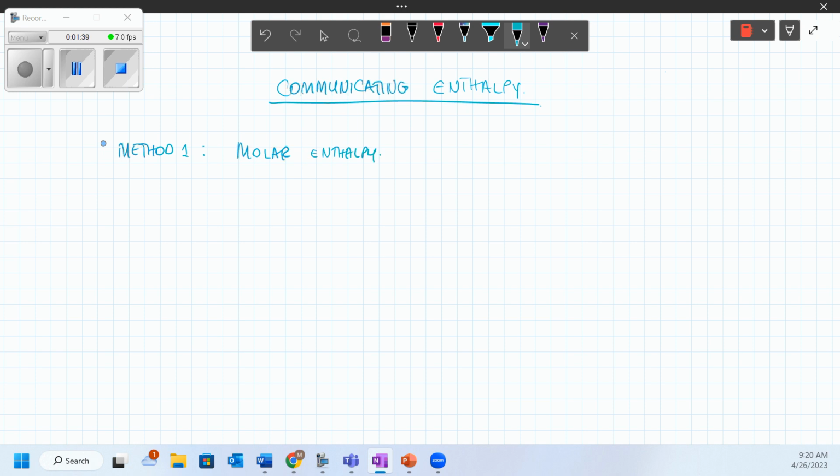We talked about what molar enthalpy is. So if we have a reaction, then we are writing it in terms of the compound that we are interested in as 1 mole. And in this case, what you will see is the enthalpy written in the reaction as the molar enthalpy.